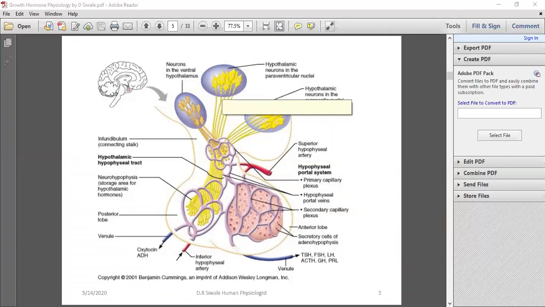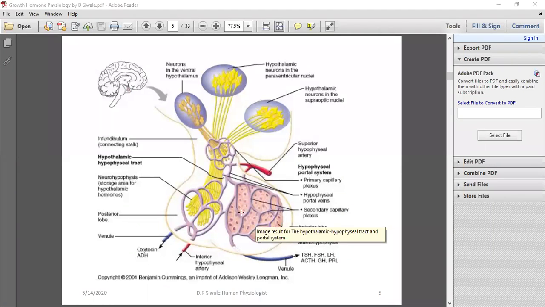The hypothalamus releases a hormone called growth hormone releasing hormone. It's the one that has influence on the anterior pituitary gland. But it's not only the anterior pituitary gland that you can see here. There is also the posterior pituitary gland.